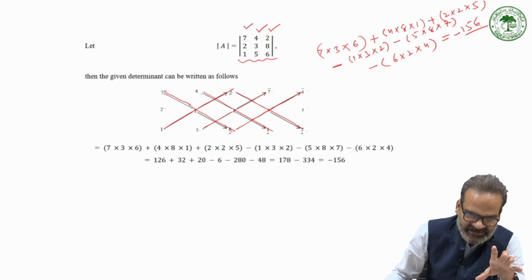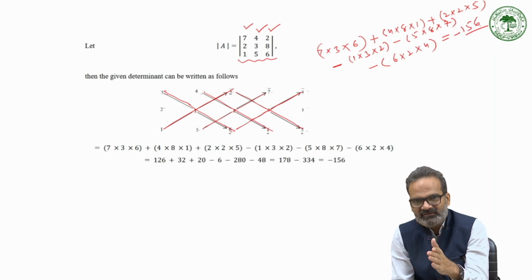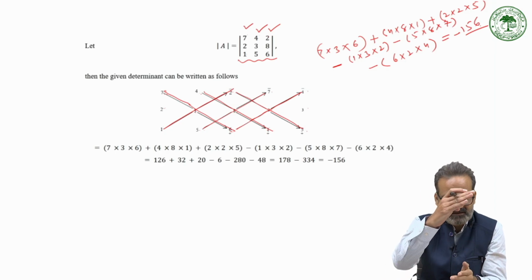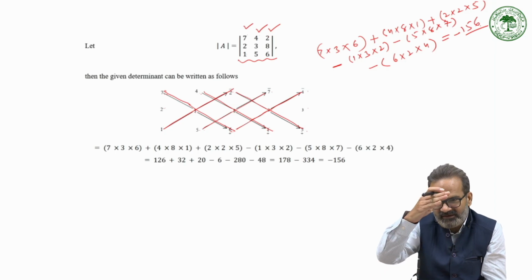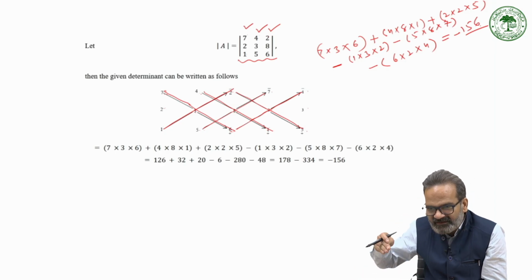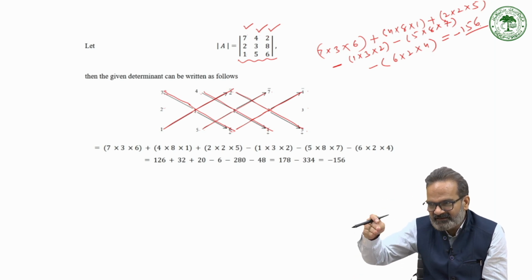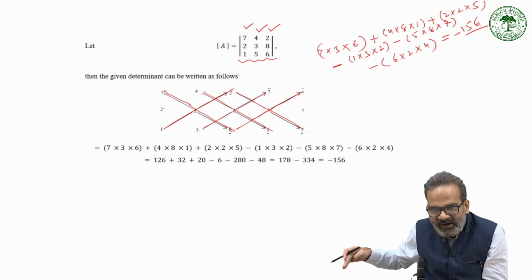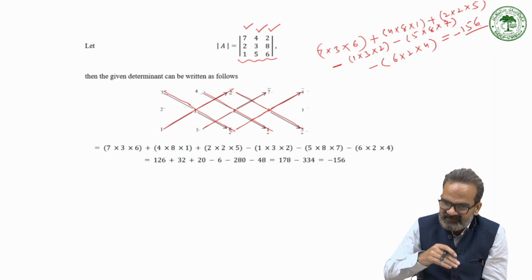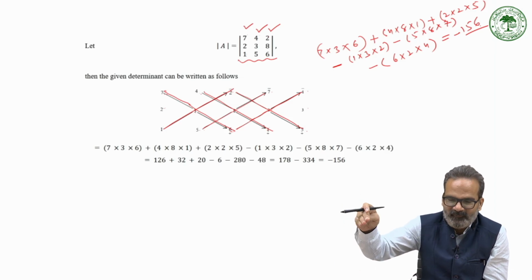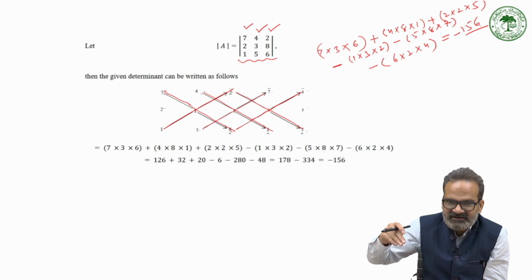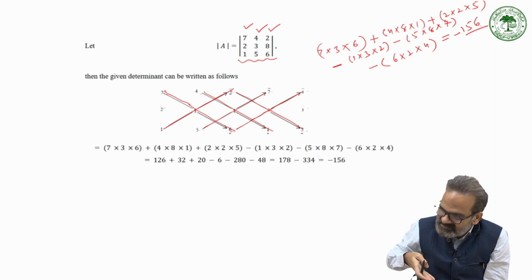Simply, in case of 3 columns given in a determinant, we will write down the 5 columns by repeating column 1 and column 2 again, and then use the first diagonal elements, this into this into this, plus this into this into this, plus this into this into this, minus this diagonal, this into this into this, minus second diagonal, minus third diagonal.